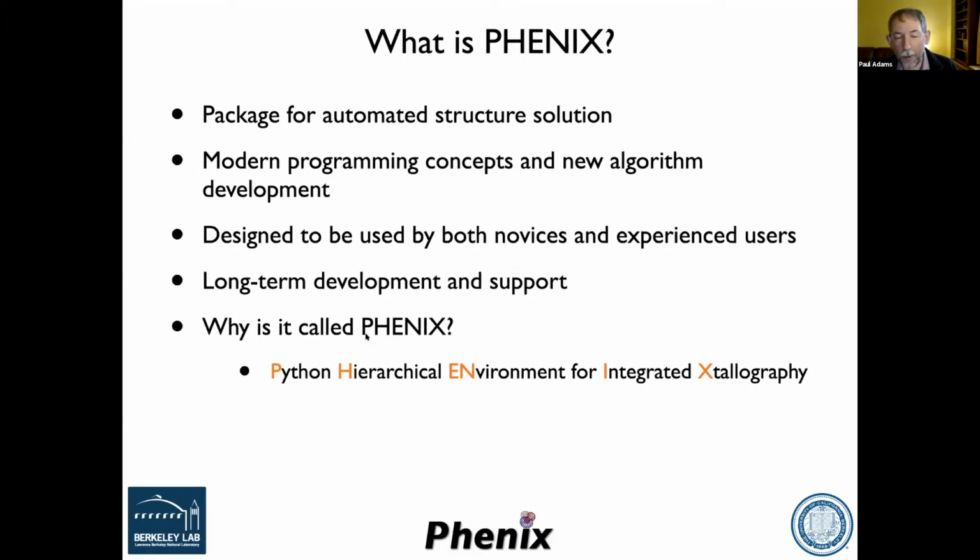You may wonder why it's called PHENIX. It's called PHENIX because it's based around something called Python, which I can't imagine anybody hasn't heard of these days. When we started off, most people hadn't heard of Python. Now it's what everybody uses for a lot of things, including all sorts of machine learning. The focus originally was on crystallography, but that's really evolved over time.